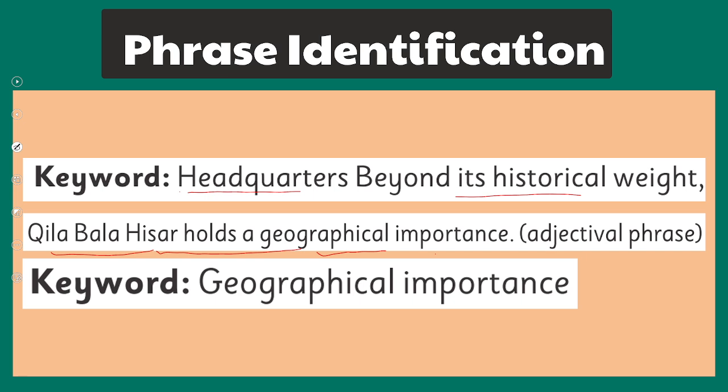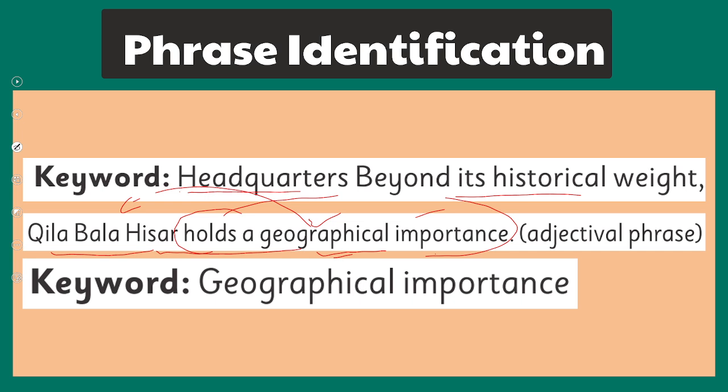Now, what are our important keywords? Yes, holds a geographical importance. Now, here we have our keyword geographical importance, and this is adding up to our noun, which is Kila Bala Hisar. This is modifying our noun.